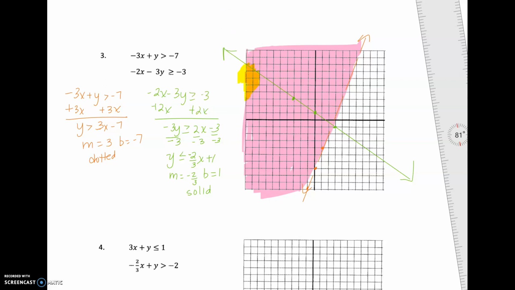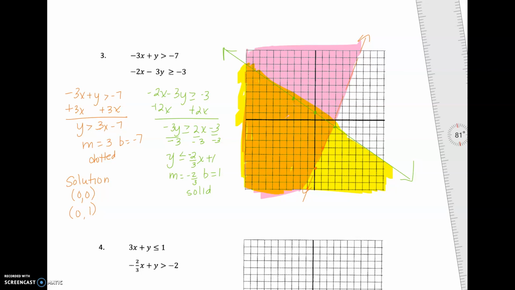All right. So I just went over a little bit on my orange, but hopefully you know it's not supposed to go past that green solid line. So everywhere that it is orange are solutions. So if I'm going to name solutions, 2 of them, obviously 0, 0 is a solution, 0, 1 is a solution.